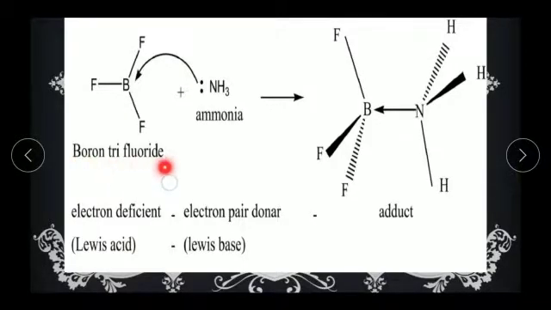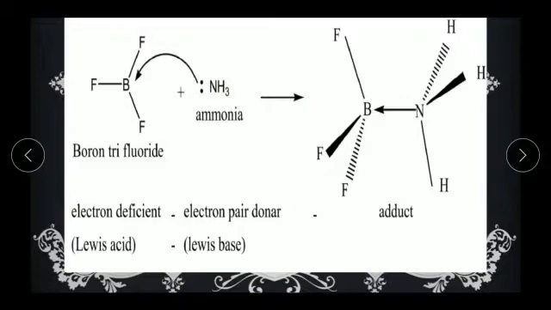In boron trifluoride, the boron accepts the lone pair from nitrogen, that is, from ammonia. The boron accepts the electron pair from ammonia.